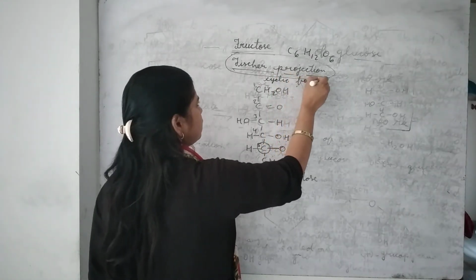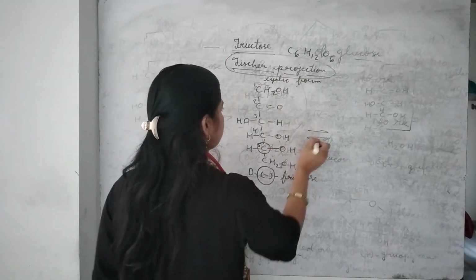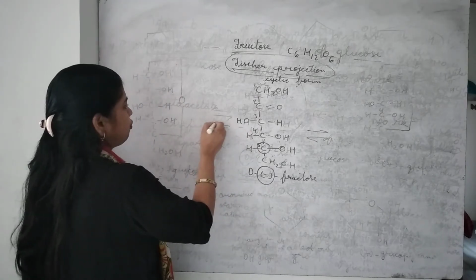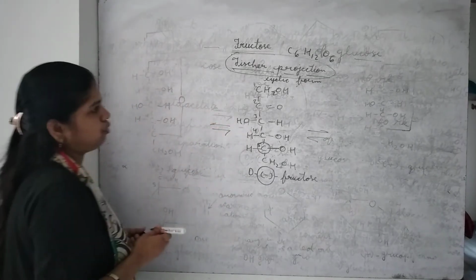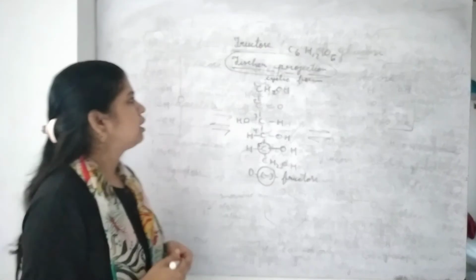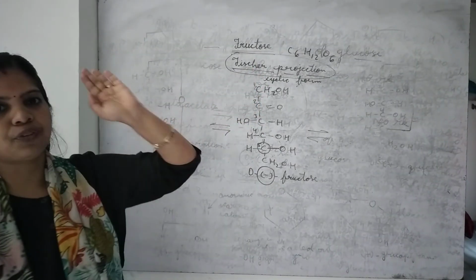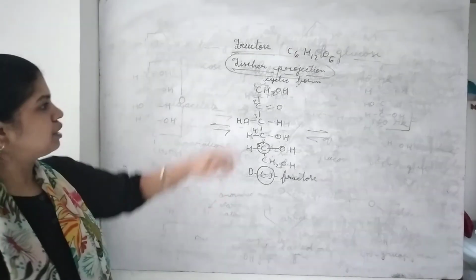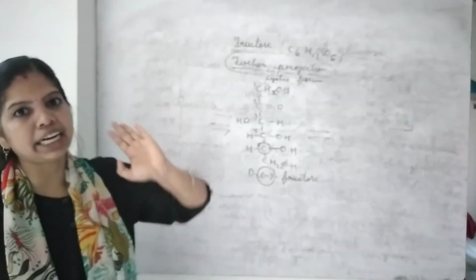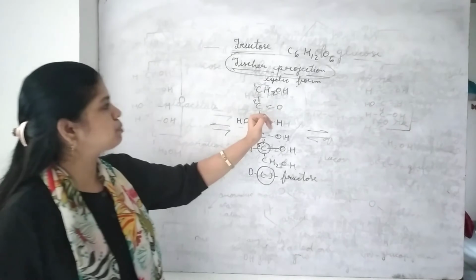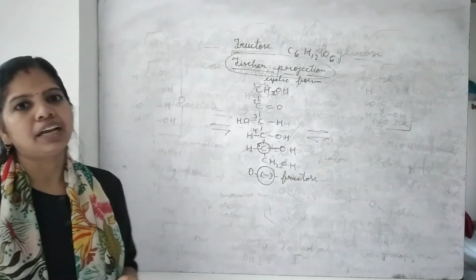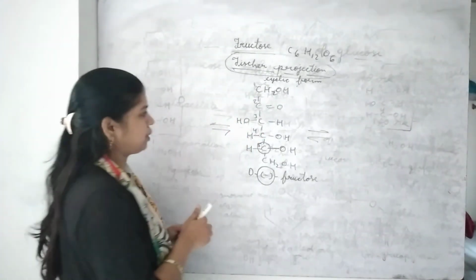In cyclic form, again it will have 2 isomers, alpha form and beta form. But here there will be no change in the position of the OH group at the first carbon atom. This change will occur at the second carbon atom because the main functional group is at the second carbon atom.